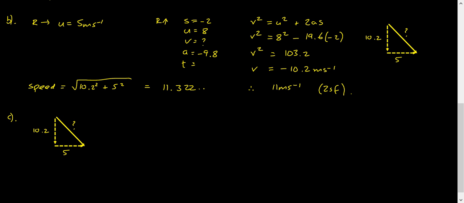And if we're trying to work out what the angle is, we're just working out what this angle is. What's the angle made with the ground? So we have tan theta is 10.2 over 5. And so theta, remember to set your calculator in degrees, is 64 degrees, correct to the nearest degree.